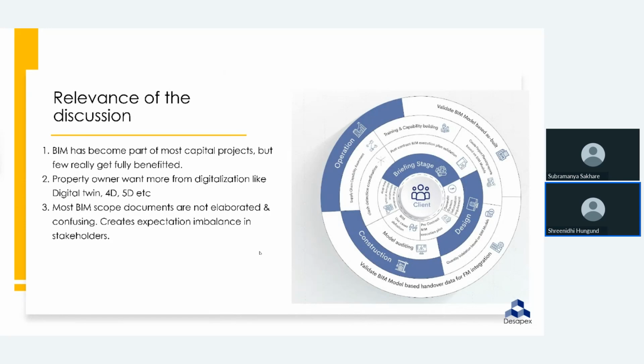which are coming into the market, either from the project management companies or from contractors or from owners directly, are not elaborated enough, and sometimes that starts confusion. What we are seeing is that because of this there is a lot of expectation imbalance which happens within the stakeholders.